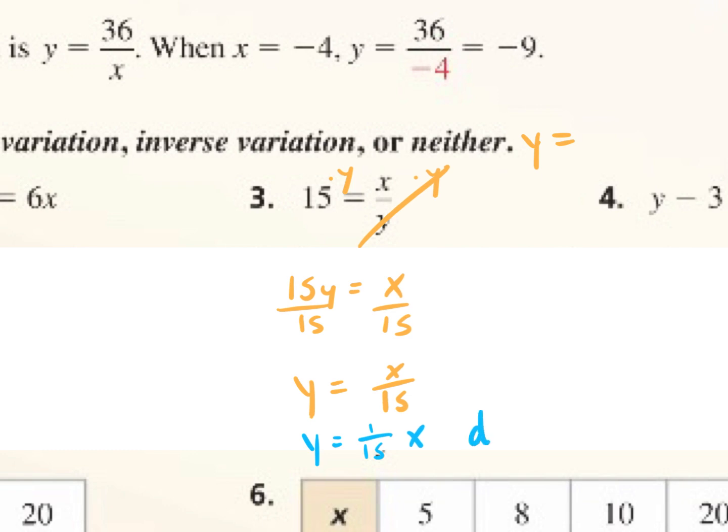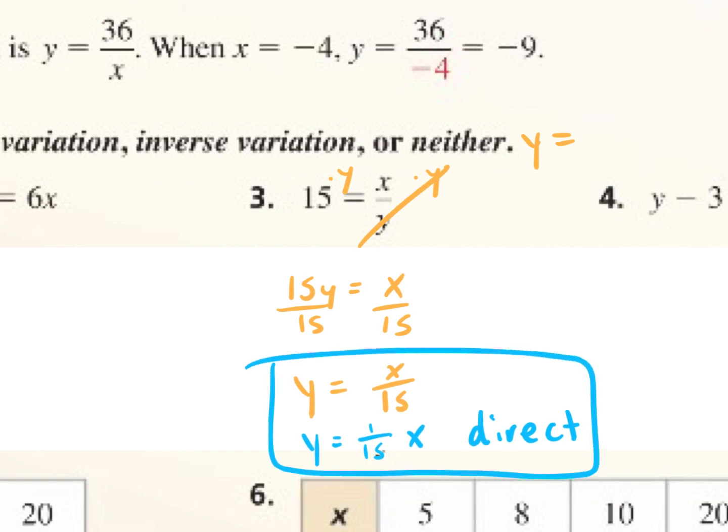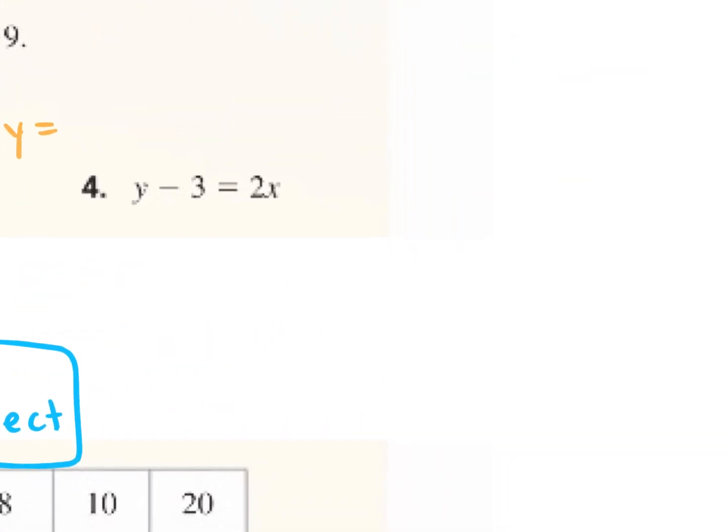So this would be direct. This is a good one. So if we had something like y is equal to 5 over x, like this, what would this be? Inverse. So when you're dividing by x, it's inverse variation.